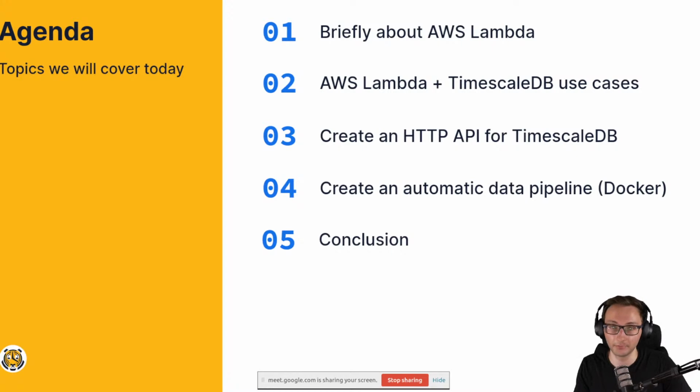As an example, we're gonna fetch data from a third party, in our case a finance API, and we're gonna load that data into a brand new Timescale DB instance, and we're gonna do that using Docker to overcome some AWS limitations regarding the deployment package size. And then we're gonna conclude this presentation at the end.